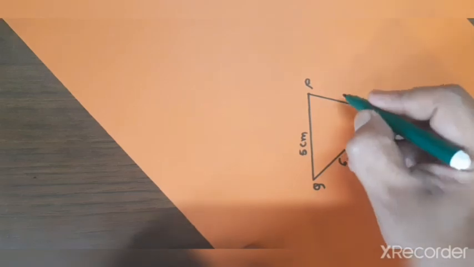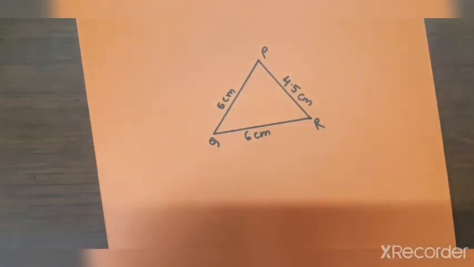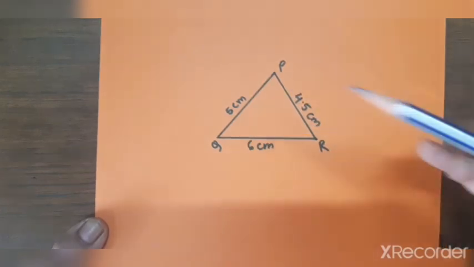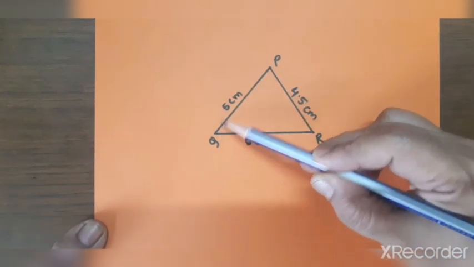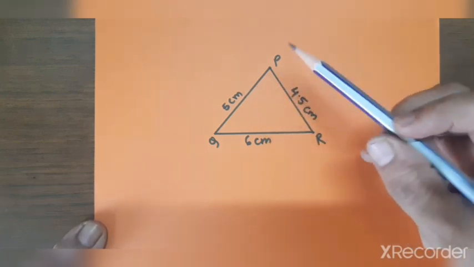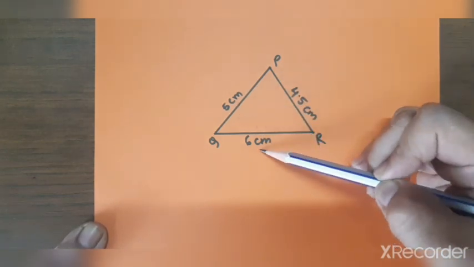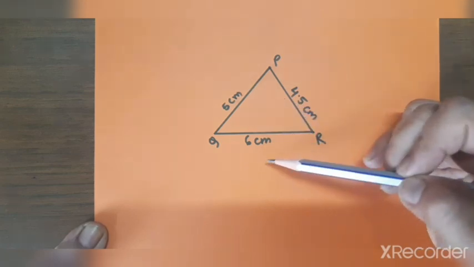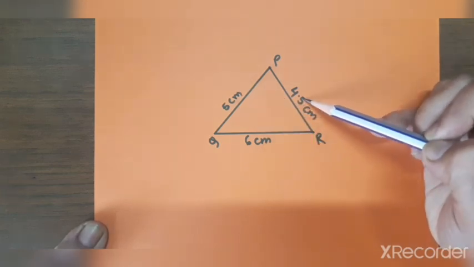Now, with these lengths, we will add two lengths together and see the addition. 5 plus 6 is 11. 11 is greater than 4.5.